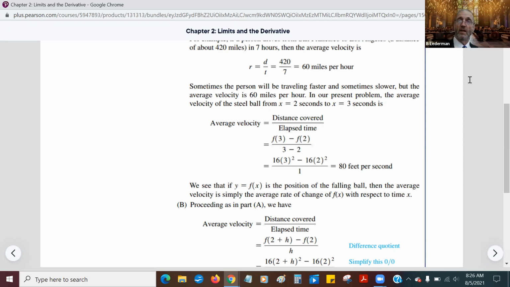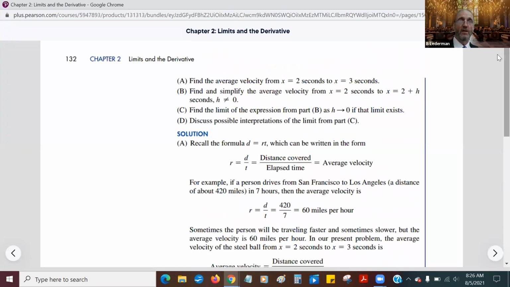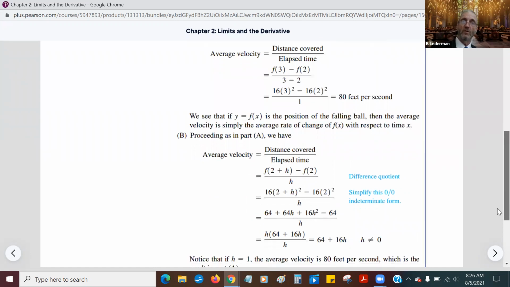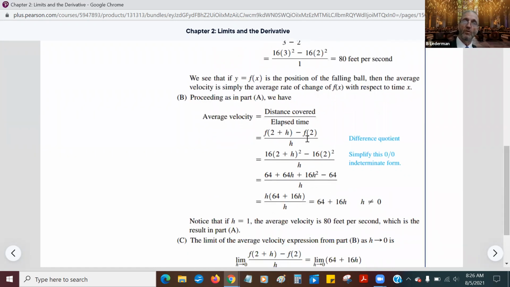So, okay, that's A. Now for B, find and simplify the average velocity from x equals 2 to x equals 2 plus h. So we start with 2, we go to 2 plus h. If I take 2 plus h and I square it, just foiling it out, and then I multiply everything by 16, I get 64 plus 64h plus 16h squared.